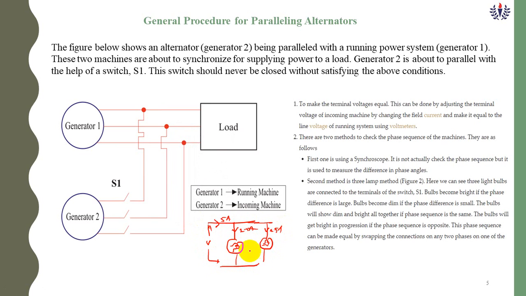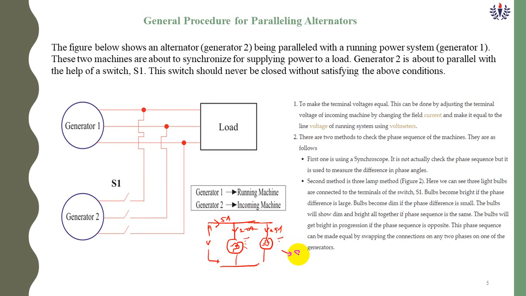If these two bulbs are connected in parallel, what happens to the brightness? Will the brightness be same or different? Can anyone tell me? Same, sir. Yes, it is same.